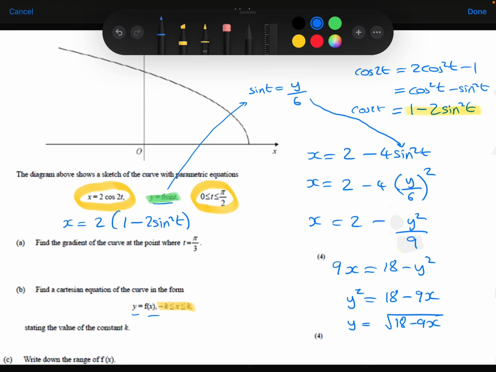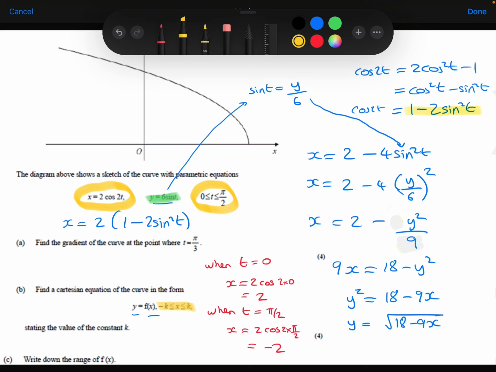So let's do that. So let's say when t equals 0, x is equal to 2 times cos of 2 times 0, which is just 2. When t is pi over 2, x equals 2 times cos of 2 times pi over 2, which gives minus 2.